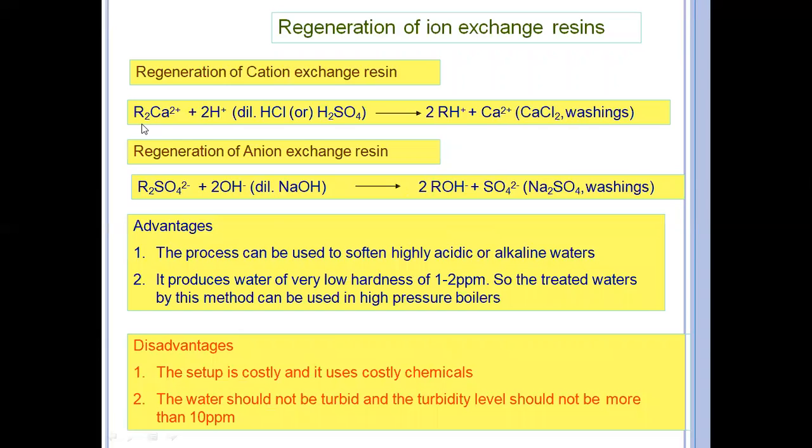Because at the end, the cation exchanger becomes R2Ca 2 plus, where R is the long chain organic polymer, the exchanger. The calcium ions are replaced again by H plus ions, so that we get RH plus, the cation exchanger.